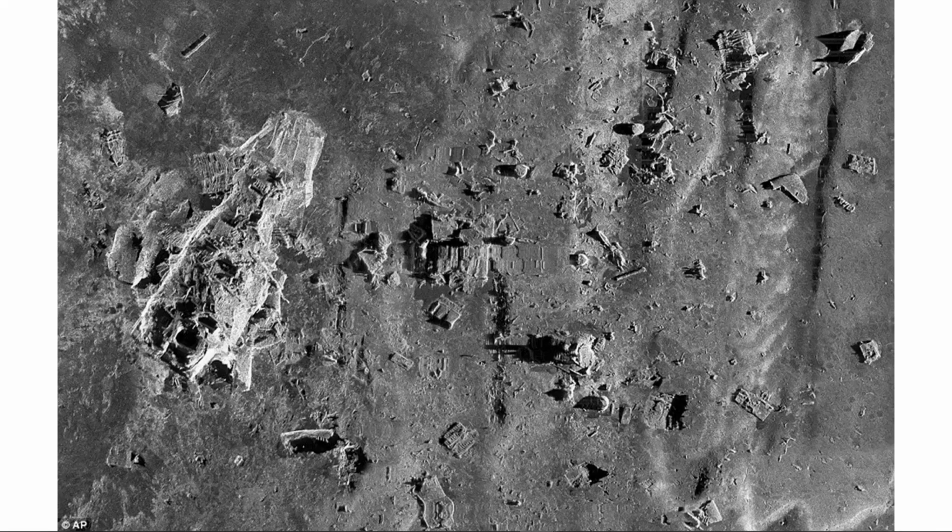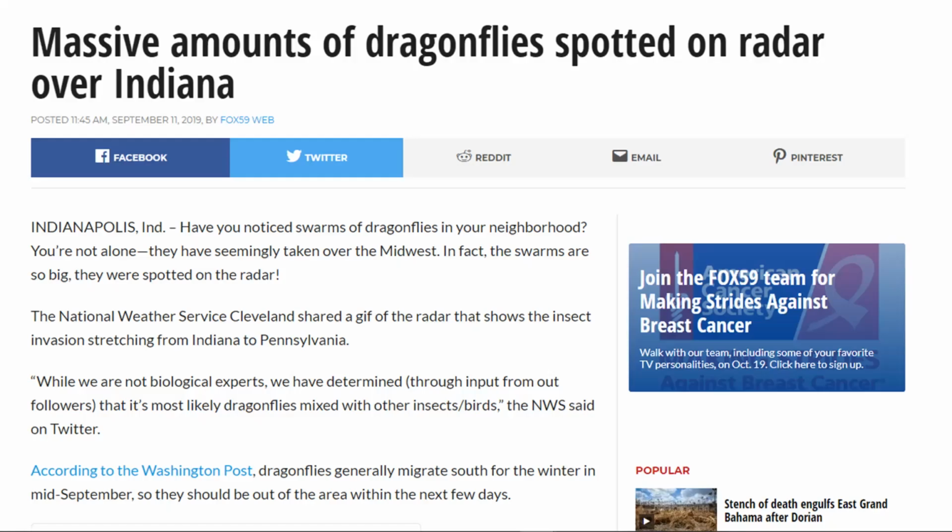So this is another part of the Titanic. This is also used for things like animal migration. Remote sensing was used by the National Weather Service and radar as well, to figure out where these massive amounts of dragonflies were coming through Indiana. Do any of you remember this? There was a point in 2019 around this time where there were crowds and crowds of dragonflies everywhere.